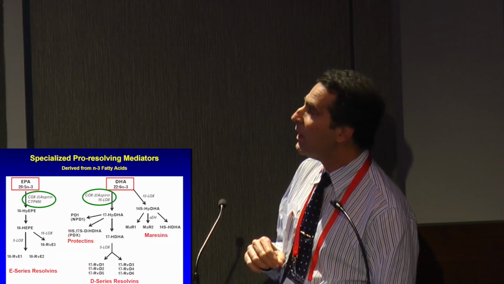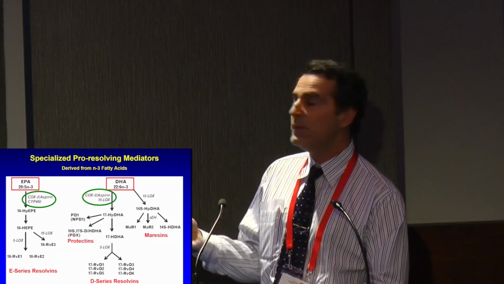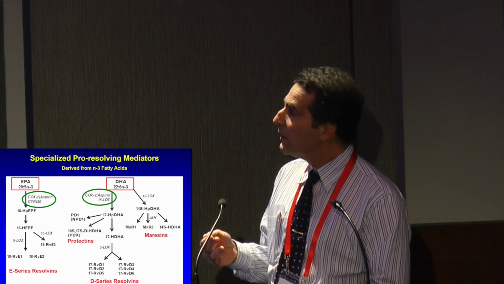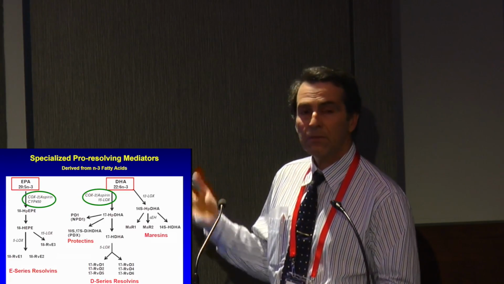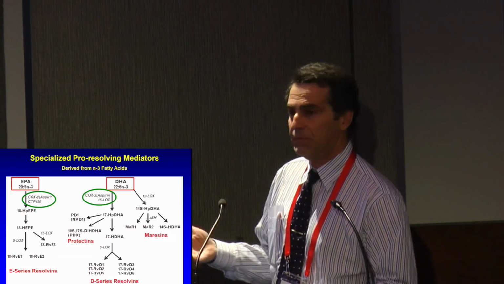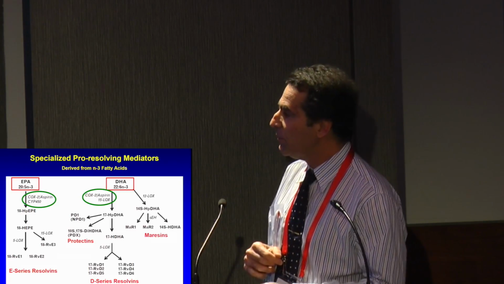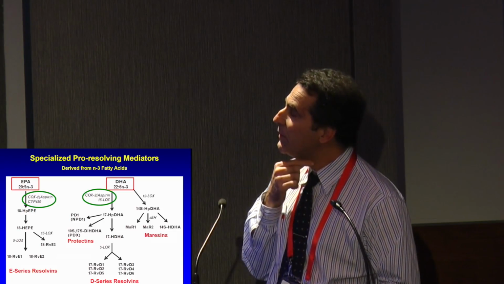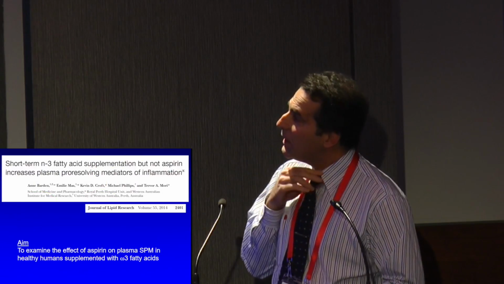So our thought at the time was, well, what happens if you give people N3 fatty acids? After all, they're the precursors. And then you give them aspirin on top of that. Can you actually amplify the response in terms of production of these resolvins? And that's what we did in a series of experiments.